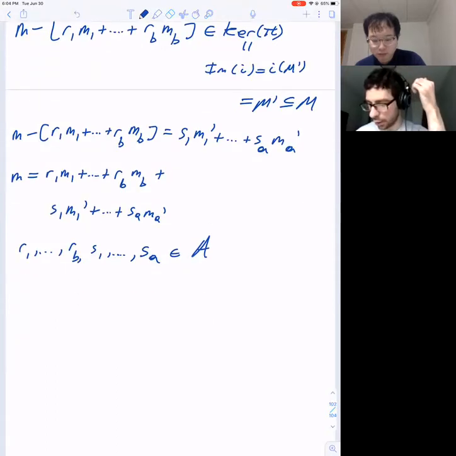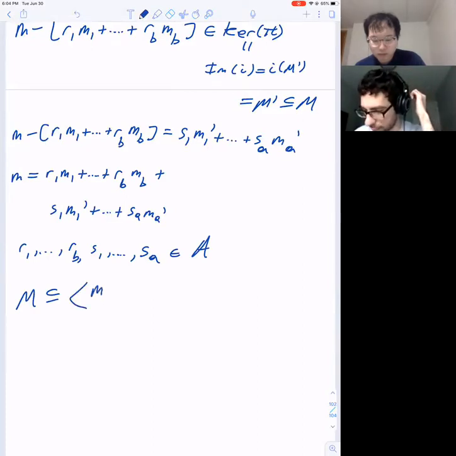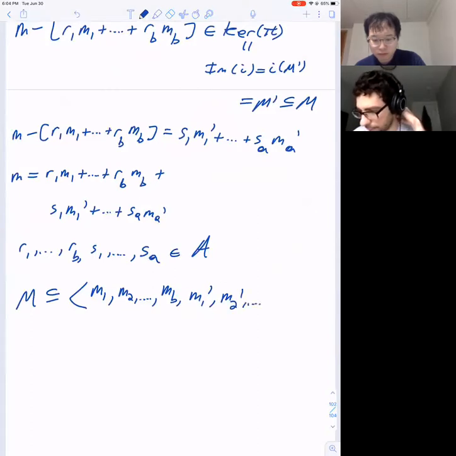So that means that this module M, because every general lowercase m is a linear combination of elements of the form M1, M2, up to MB, M1 prime, M2 prime, up to MA prime. So every general element lowercase m is written as a linear combination of M1 to MB, M1 prime to MA prime.